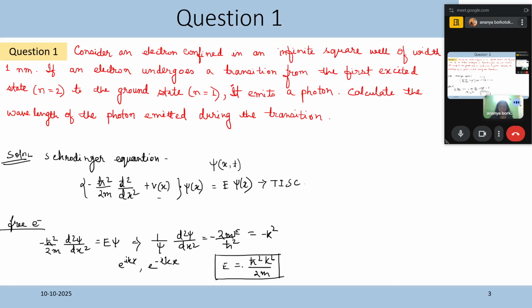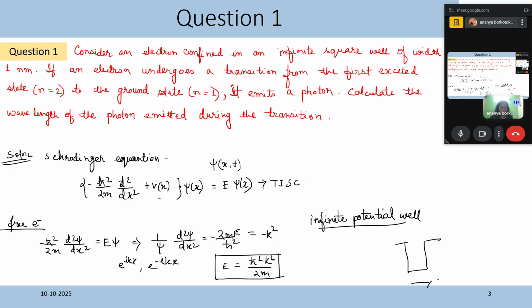Now what happens in case of a potential well? Now instead of a free electron, if we have an electron in an infinite potential well, the well will look like this.